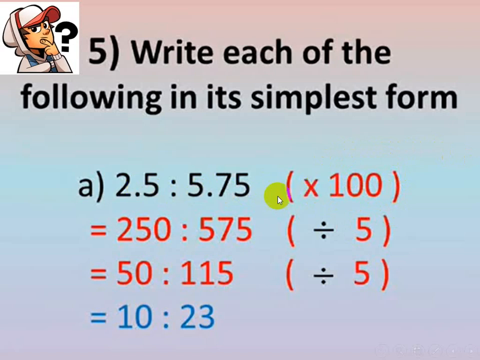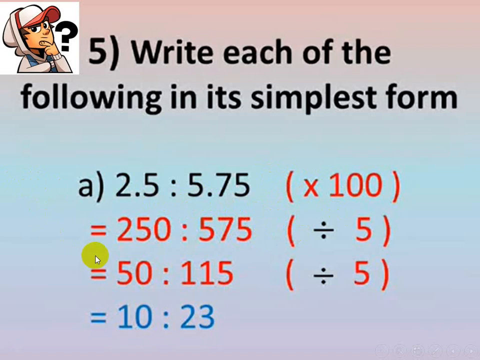2.5 times 100, you will get 250. 5.75 times 100, you will get 575. So the two decimal numbers are converted into two whole pure numbers without a point.